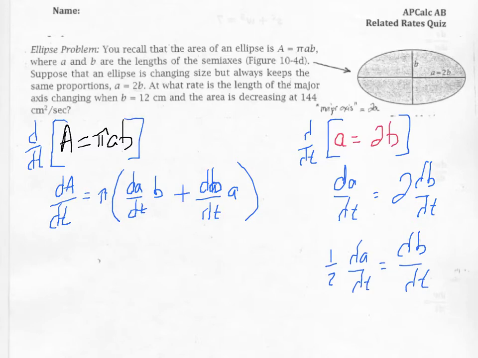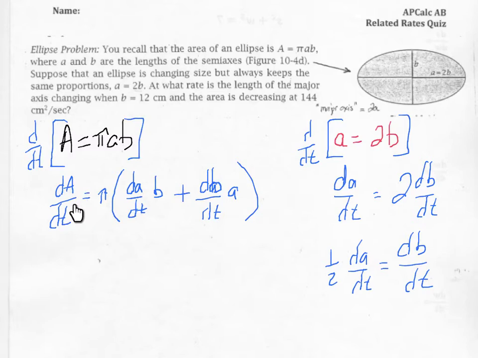And then at this point you could take this right here, 1/2 da/dt, and plug it in right here for db/dt, and then you plug in 12, and you plug in negative 144 here, and then you would solve the whole thing for da/dt.